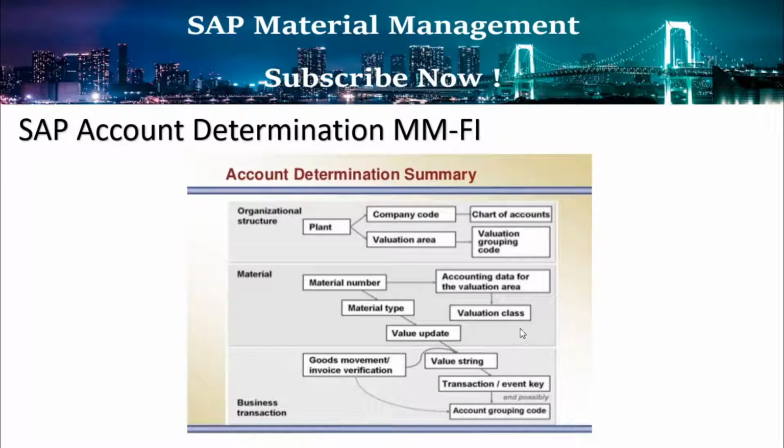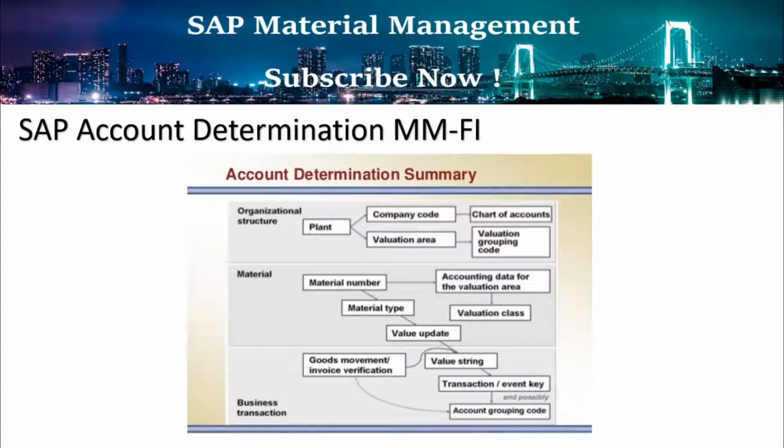It depends partly on the parameters entered manually and partly on parameters derived internally by the system. The value string contains all posting transactions that are possible for a certain transaction. The program decides which of these posting transactions leads to GL account posting in individual cases. You cannot define this in customizing.